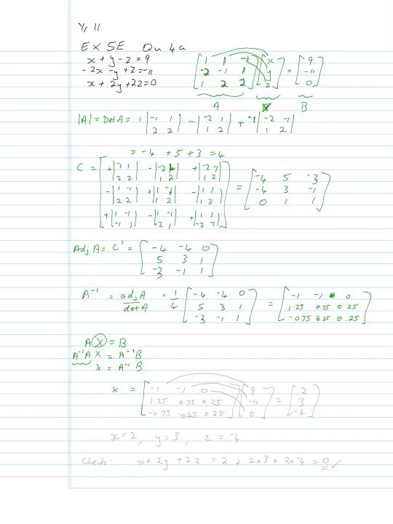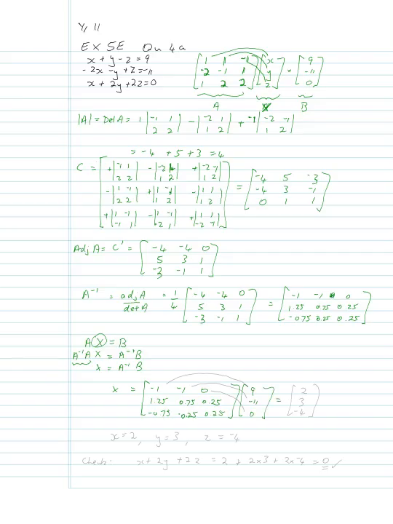So starting with my inverse, which we've just worked out. And matrix B was the 9, -11, 0.